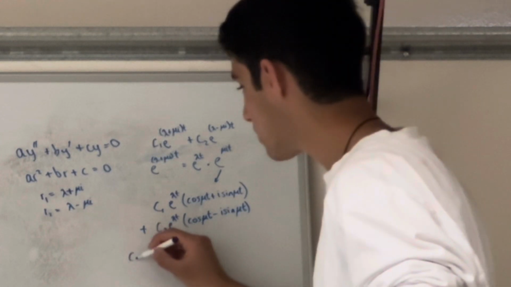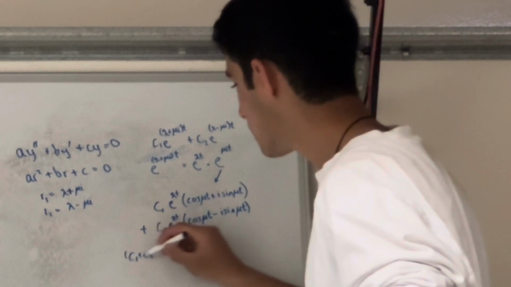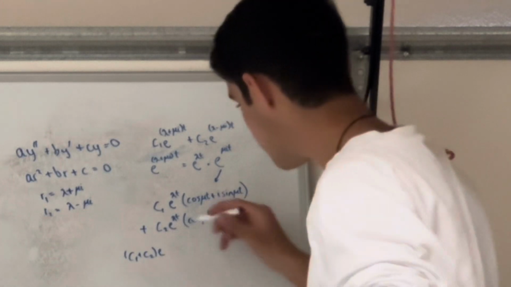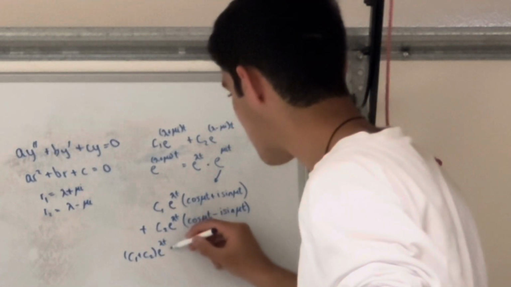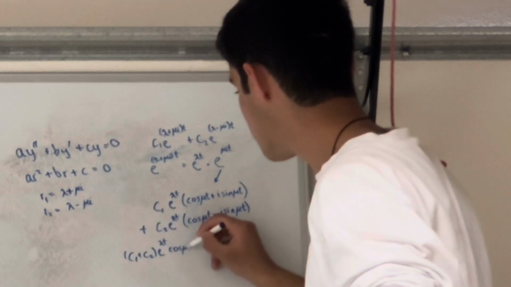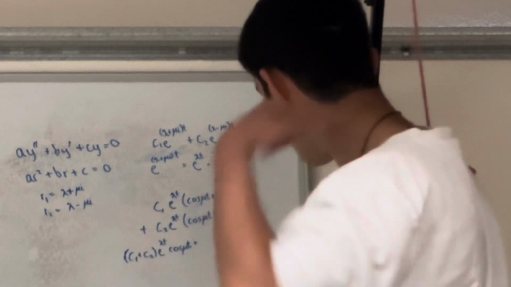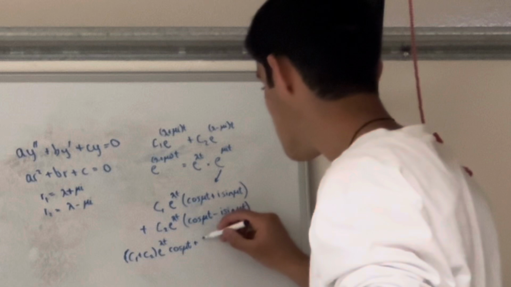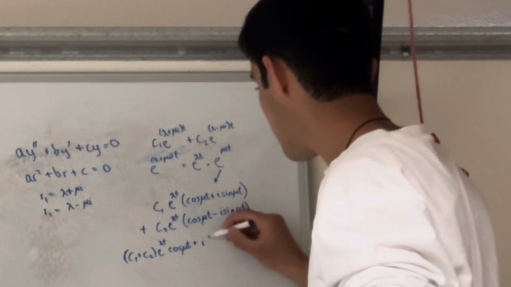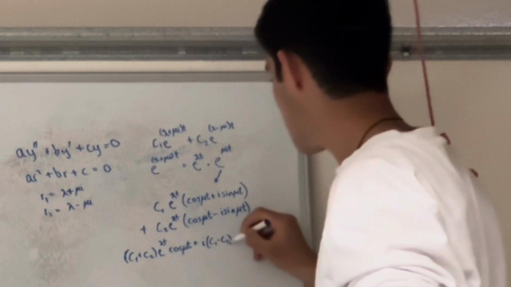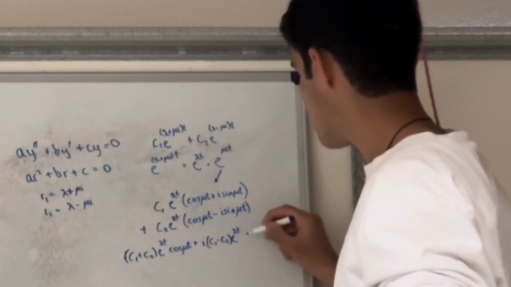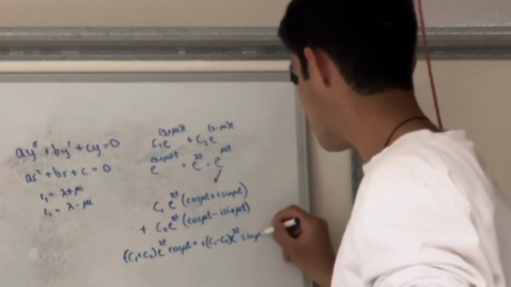Well, we're going to get c1 plus c2 e to the lambda t cosine of mu t plus, I'm going to put a bracket there, you have i times c1 minus c2 e to the lambda t sine of mu t.